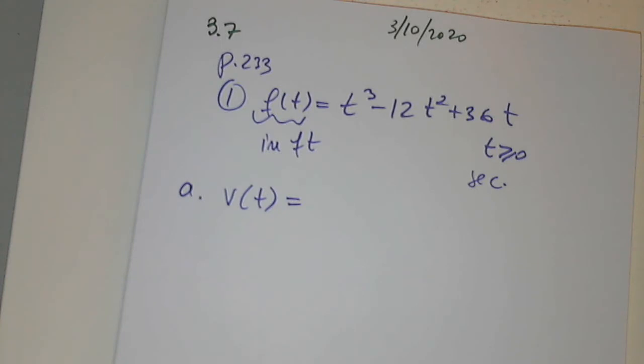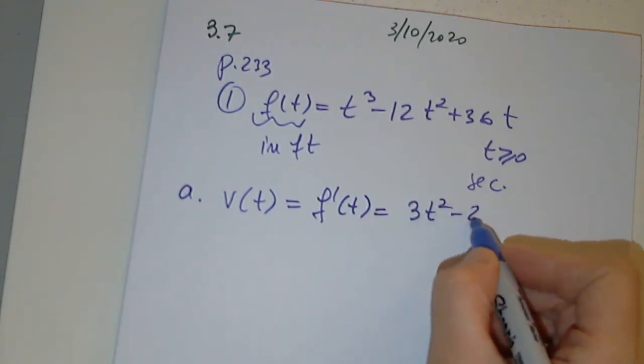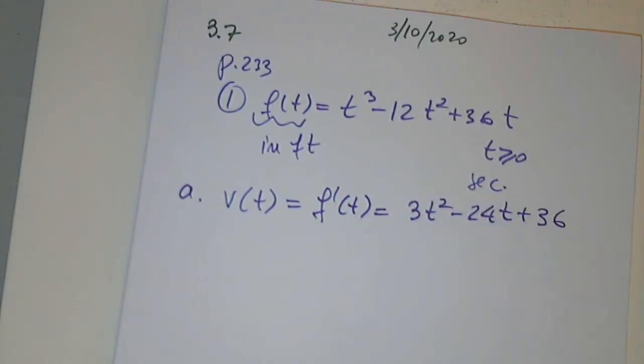So v of t is f prime of t, which is 3t squared minus 24t plus 36. So far, so good? Perfect.